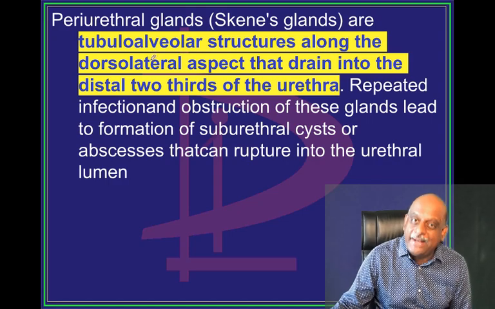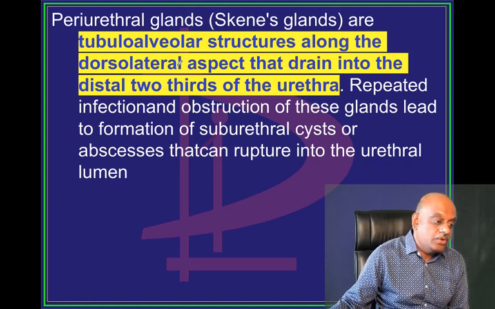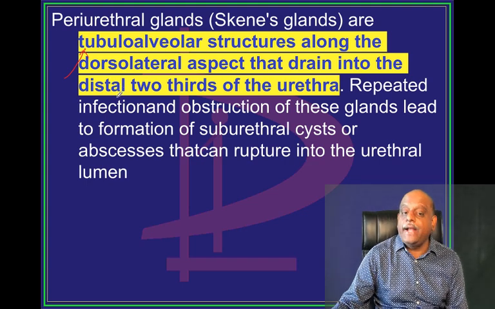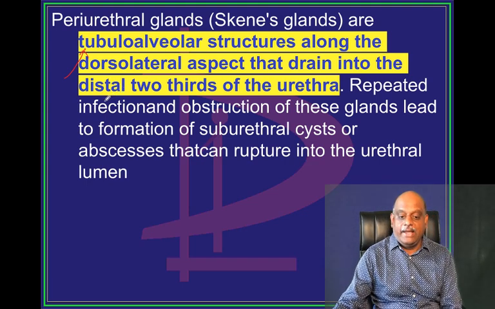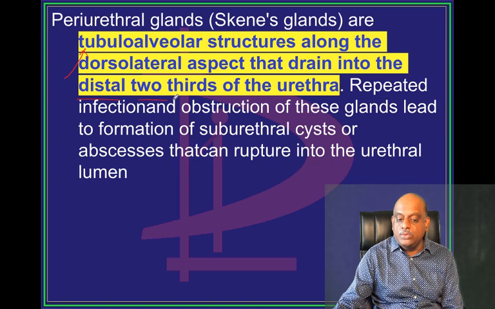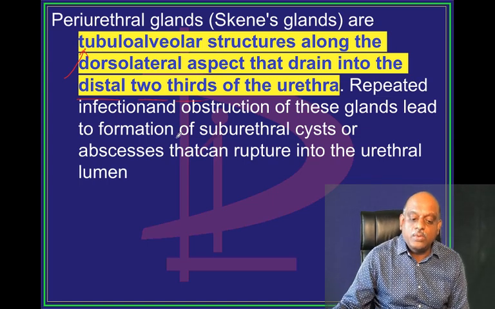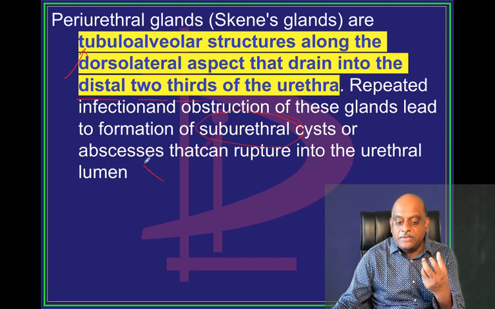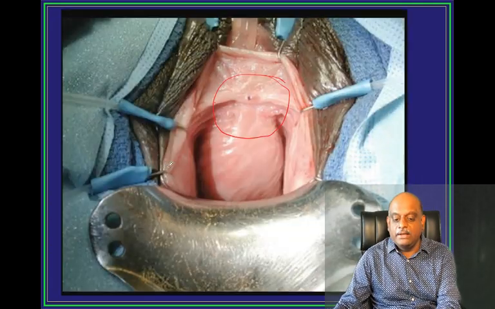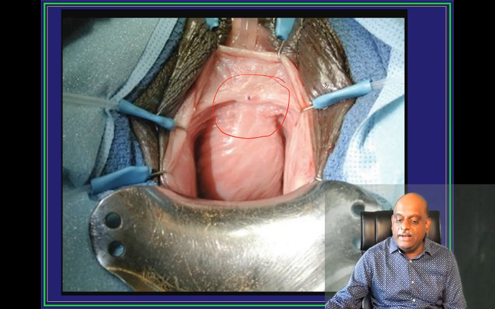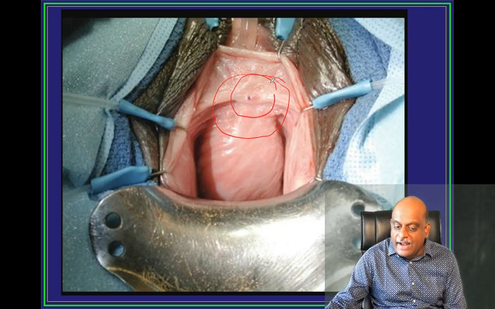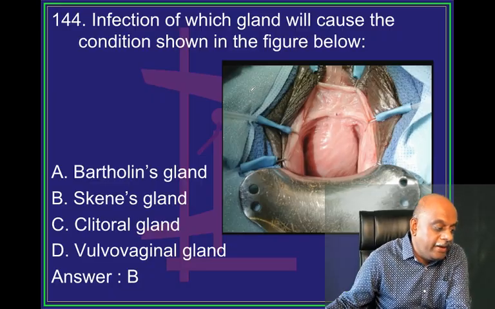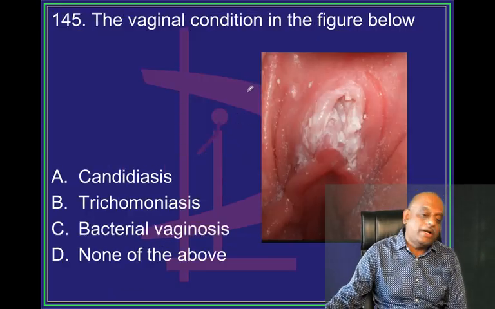Skene's glands are the periurethral glands, which are tubulo-alveolar structures along the dorsolateral aspect that drain into the distal 2/3 of the urethra is what you need to remember. So it typically leads to suburethral cysts, abscesses that can rupture into the urethral lumen. So periurethral gland infection, the Skene's glands, is what you need to remember.